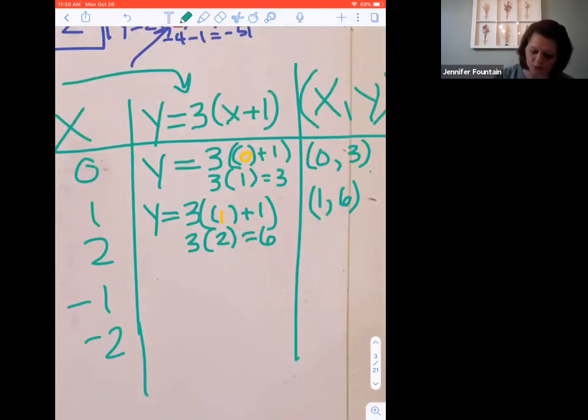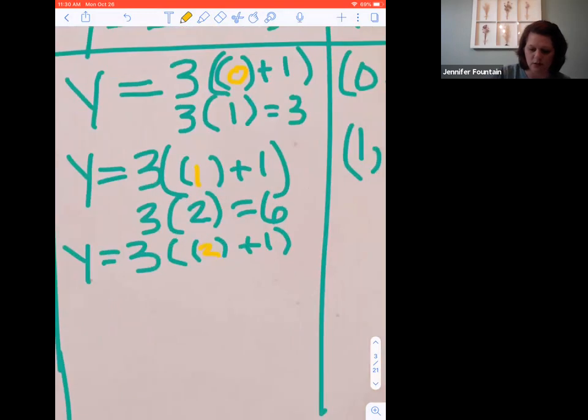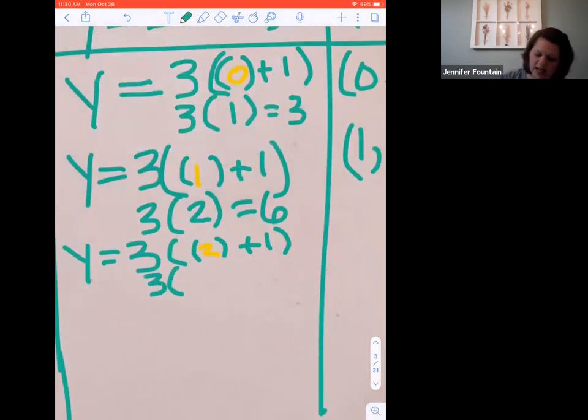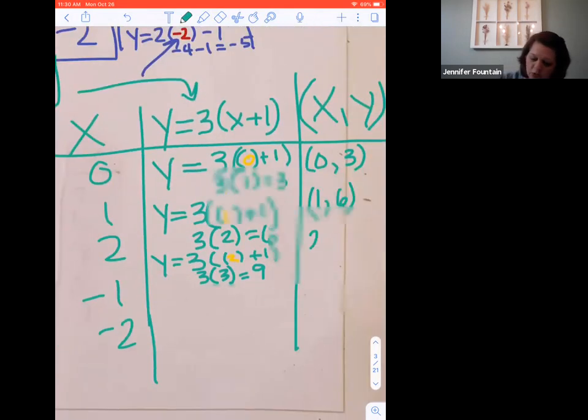Plug in for 2. y equals 3 times, parentheses for x, plus 1. I am plugging in a 2 for x. So I have 3 times (2 plus 1), which is 3, and 3 times 3 is 9. So if x is 2, y is 9.